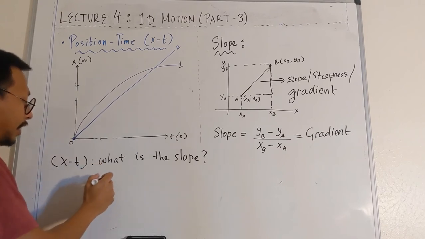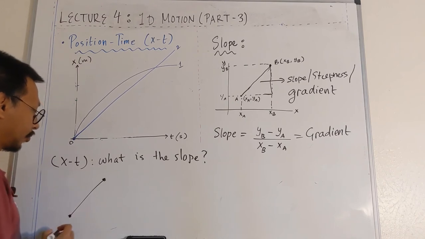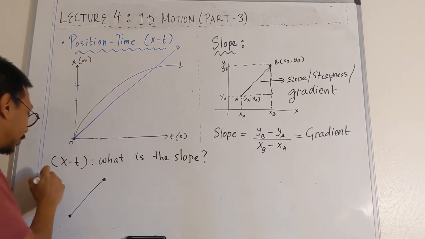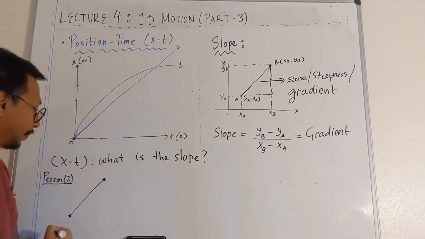So if you take the graph of person 2, okay? This is person 2. It is basically just a straight line.